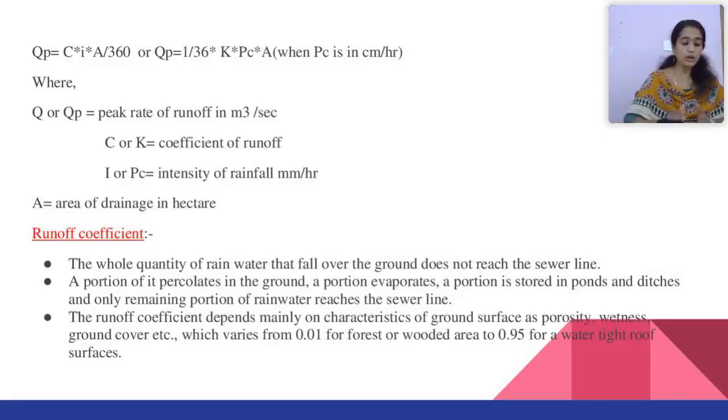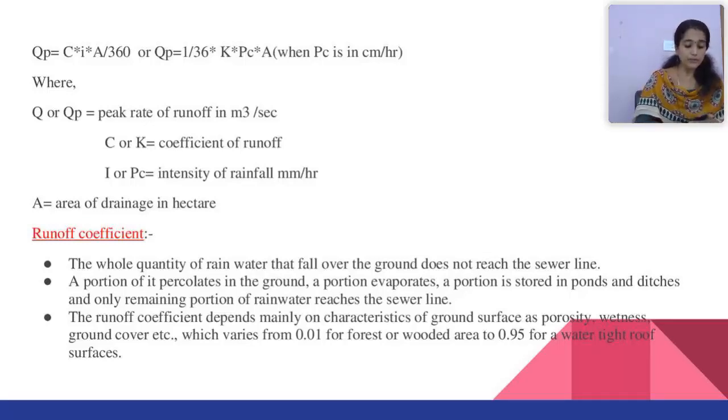Then a portion of it percolates into the ground. That is due to the porosity and infiltration, and this water will enter into the groundwater basin. And a portion evaporates. If the temperature is more, then a portion of the rainfall will evaporate. And a portion is stored in ponds and ditches, and only the remaining portion of rainwater reaches the sewer line.